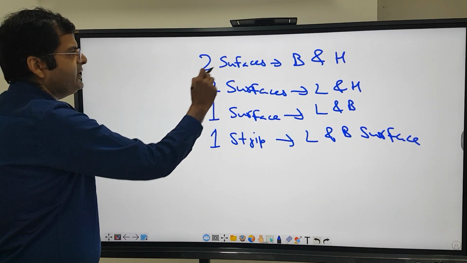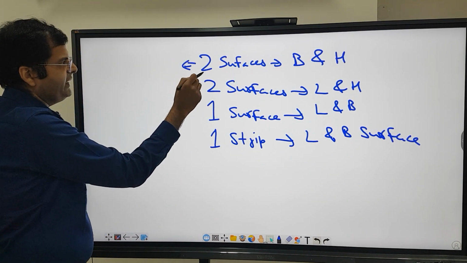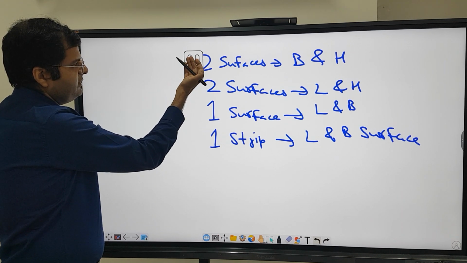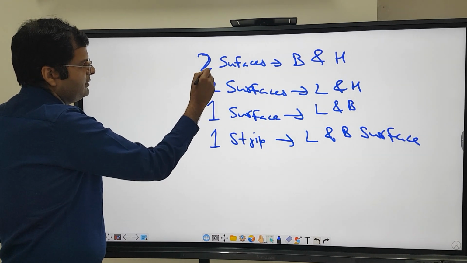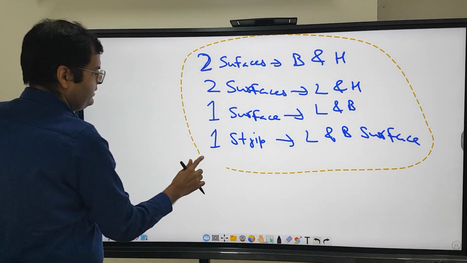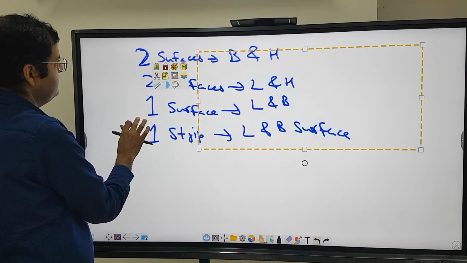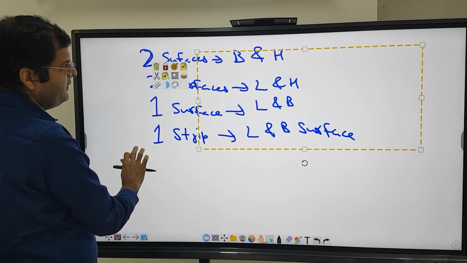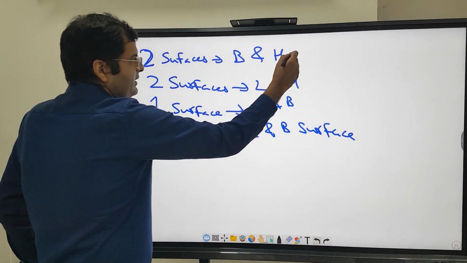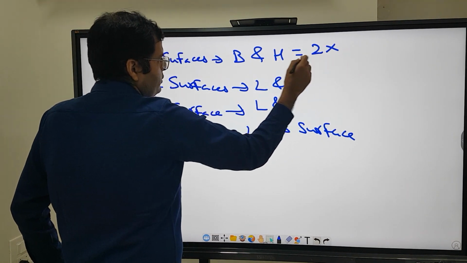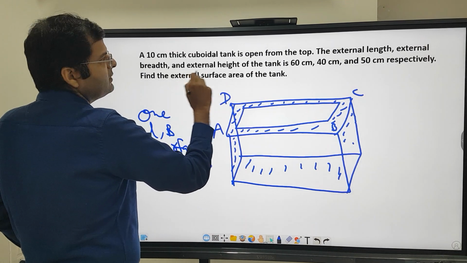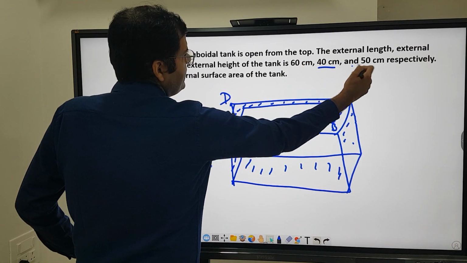Now there are 2 surfaces of breadth and height. So their areas will be 2 into 40 into 50.